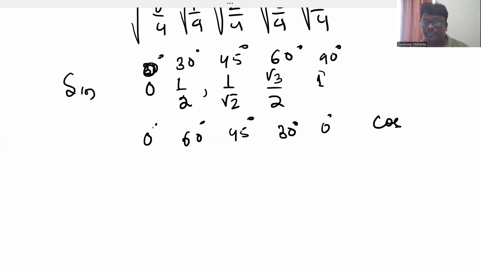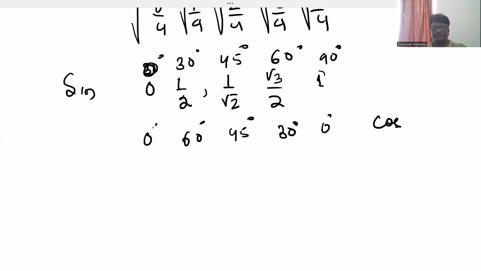This is the concept of the remembering point. Up to 90 degree, we can easily find the values. What is the process for remembering this up to 90 degree? Above 90 degree, how do we know the value?